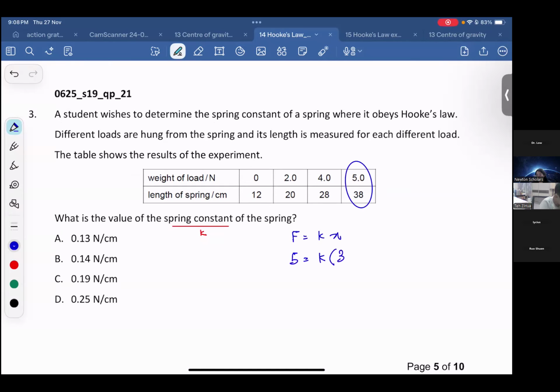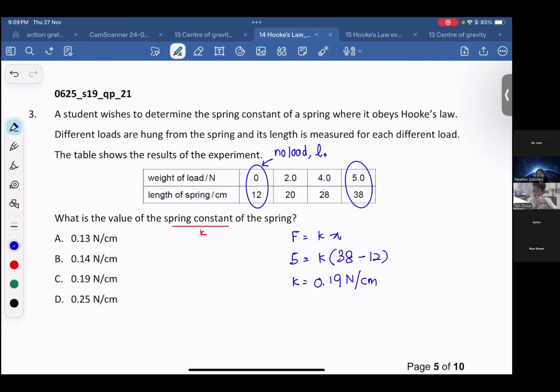Extension should be the new length minus the original length. What is my original length? 12, when there is no load. So I get K as 0.19 Newton per cm. Dear, is 0.19 my answer?